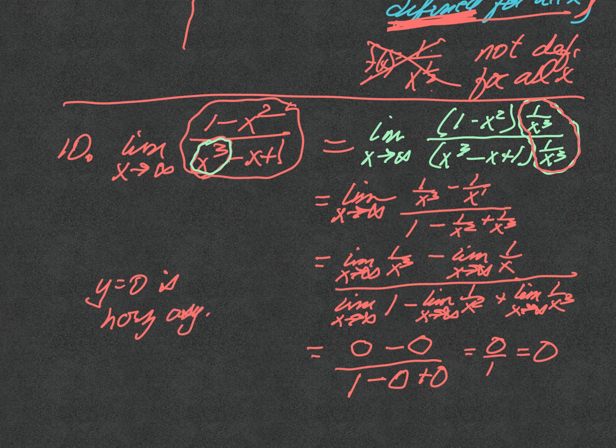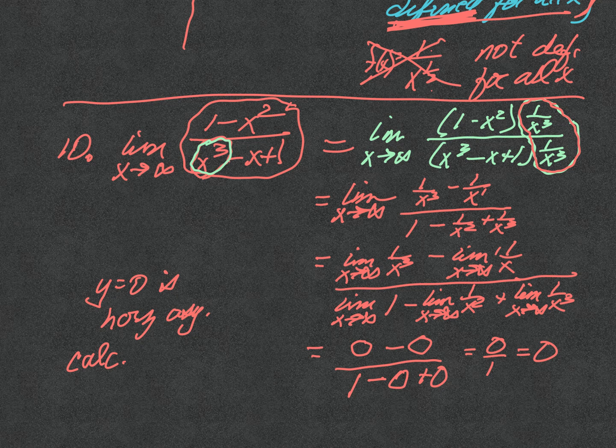Okay? Now, if I want to think about what happens, I think about what it looks like graphing. And in general, to graph, I would just use a calculator. Now, back in the old days, I would think, okay, 1 over a really big number cubed is smaller than 1 over x, right? Over that same big number.